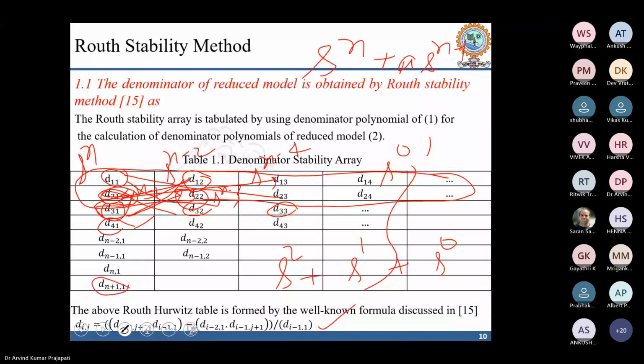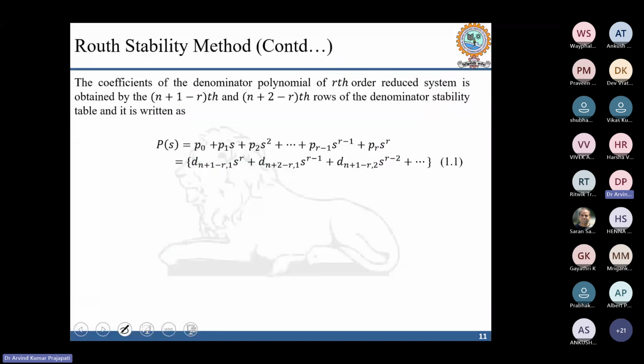Sorry, we will take these rows. From these rows, this represents the s to the power 1 coefficient, this represents the s to the power 2 coefficient, and this represents the s to the power 0 coefficient. You can check which rows to take by using these formulas. So by using these rows, you can construct the characteristic polynomial of your desired reduced model.